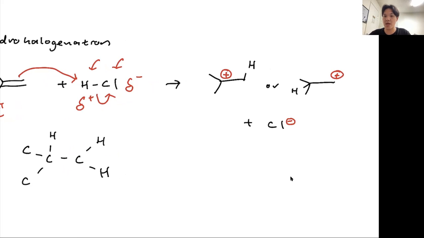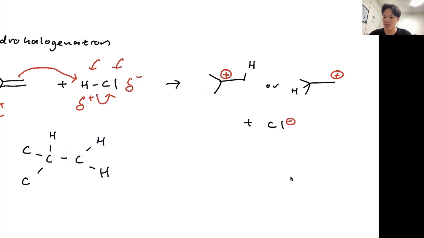Which one is the better carbocation? I hope you're shouting at your screen because it is going to be this first one, because it is a tertiary carbocation versus a primary carbocation. So that means the positive will be here, and the hydrogen will attach to carbon number 4.